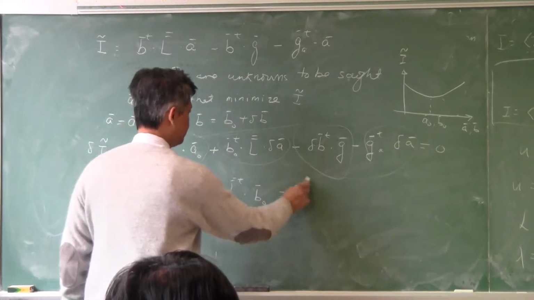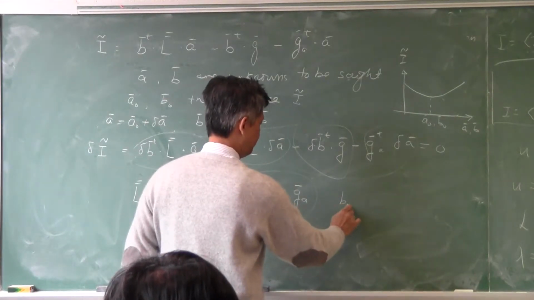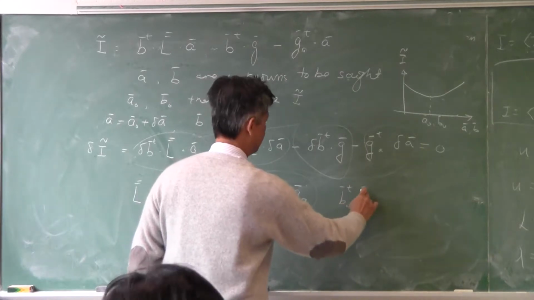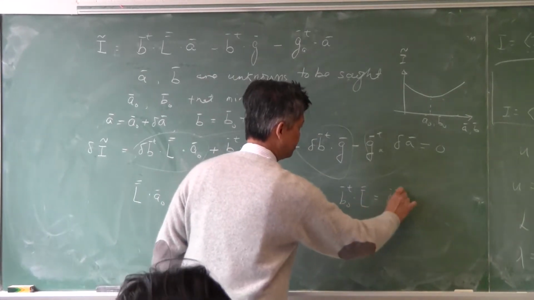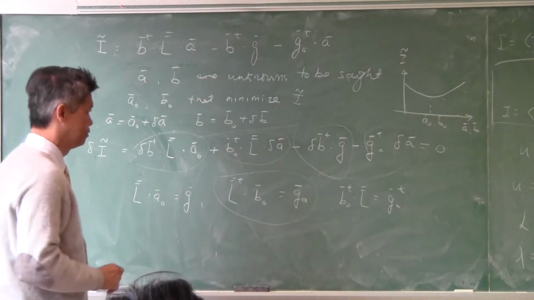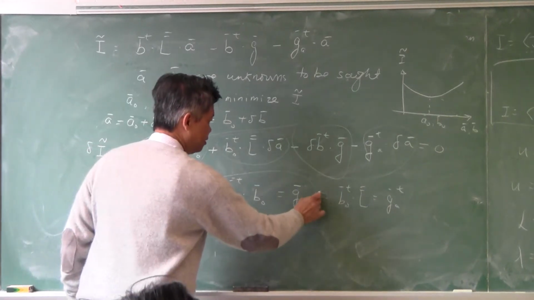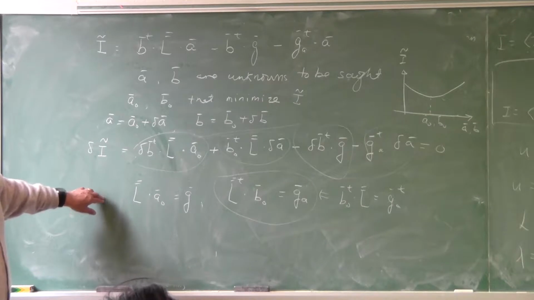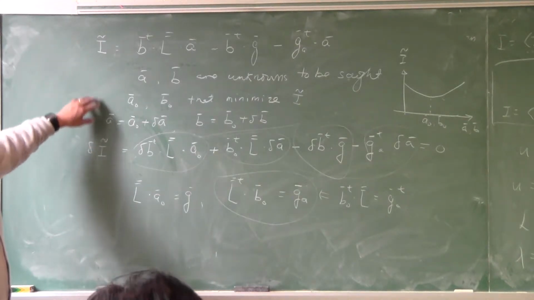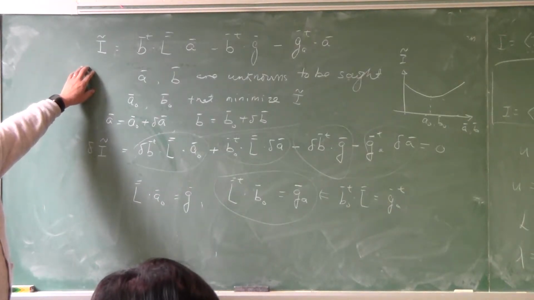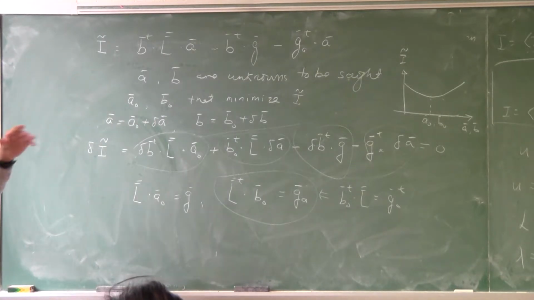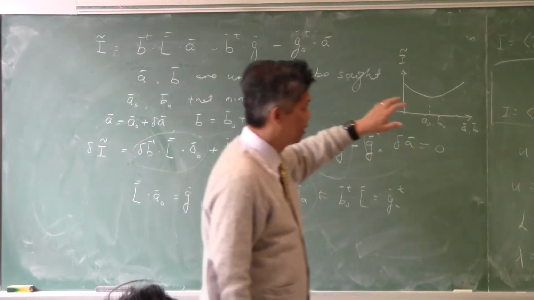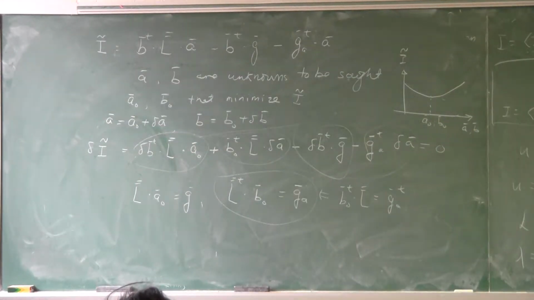This equation is actually B naught transpose dot L equal to the GA transpose. When you take the transpose of this, you get this equation. So those are the two equations that we need to solve in order to obtain the optimal solution that minimizes this functional. Okay, this functional is the subspace approximation of the original functional.